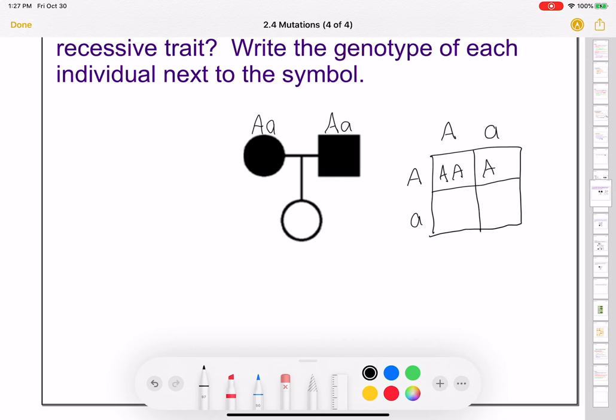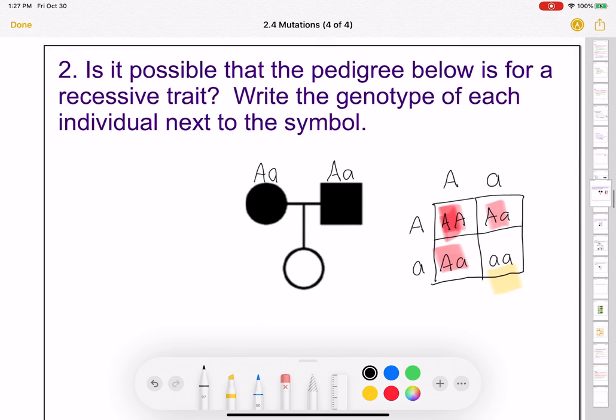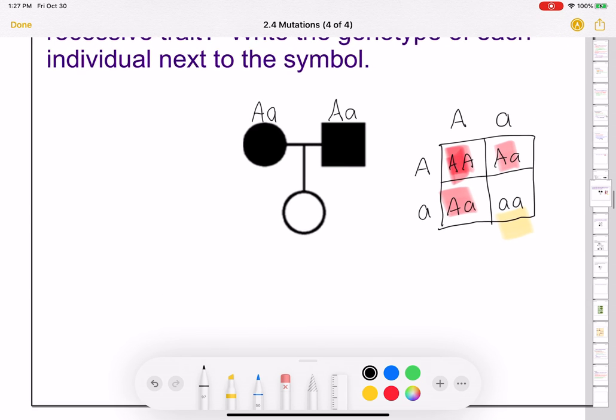And if we do that, we will get this one and this one that would all have the trait if it's dominant, and this one wouldn't. So there is a chance that if it was a dominant gene, they could have a child that doesn't have it. Unlikely, but possible.